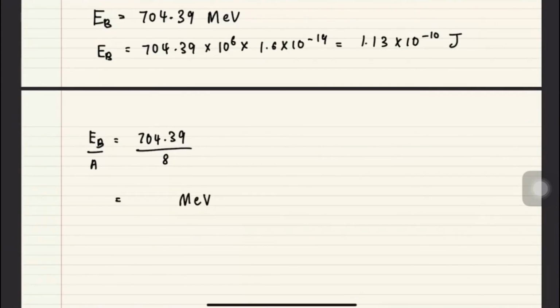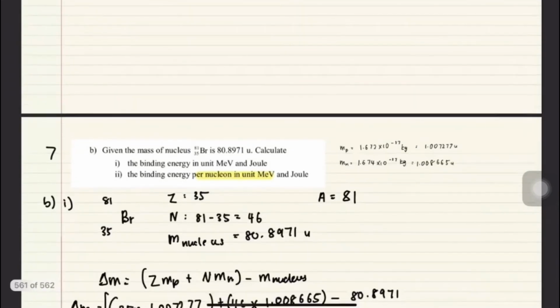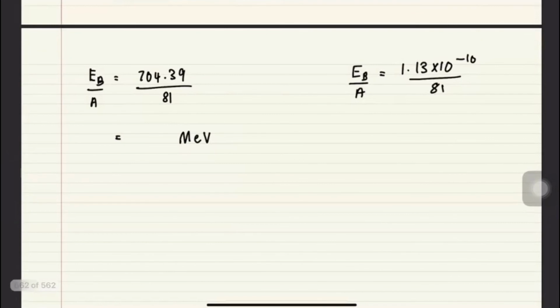Kalau kamu nak kira dalam joule, okay, 81. And then this you will get joule, jangan lupa per, this one per nucleon, this one adalah joule per nucleon.